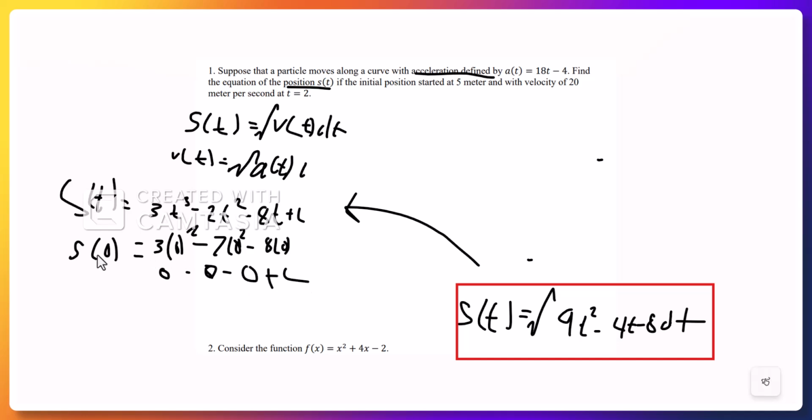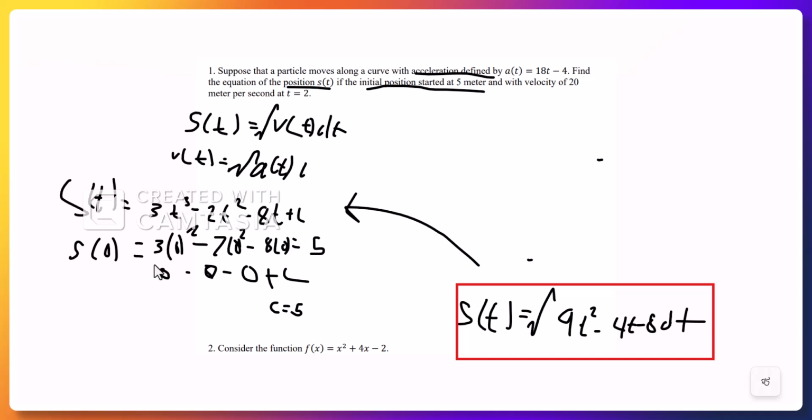And we know that s of 0, the initial position, is 5 meters, as stated in the problem. So c equals 5.